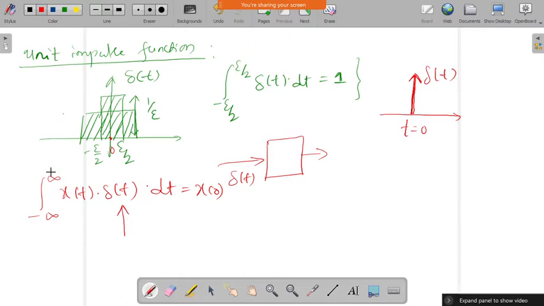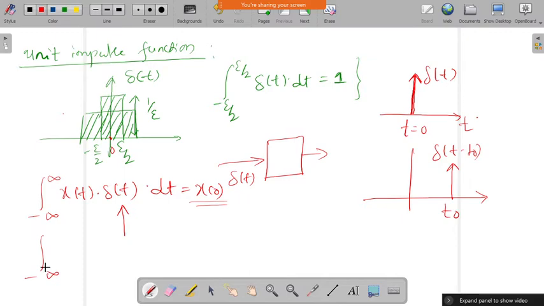So whatever the signal, if you multiply this function with any signal, del of t with any signal, it will give the value only at t equal to 0. Now if you take some shifted version, let us take t minus t naught. Here I shift the impulse to t naught. So this is del of t minus t naught.